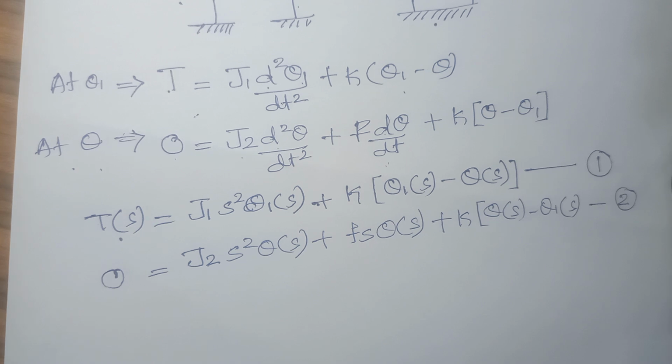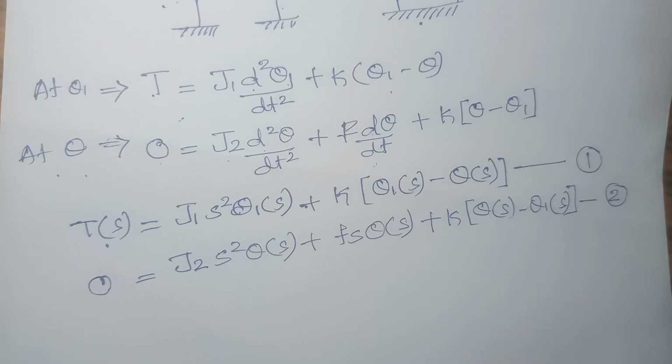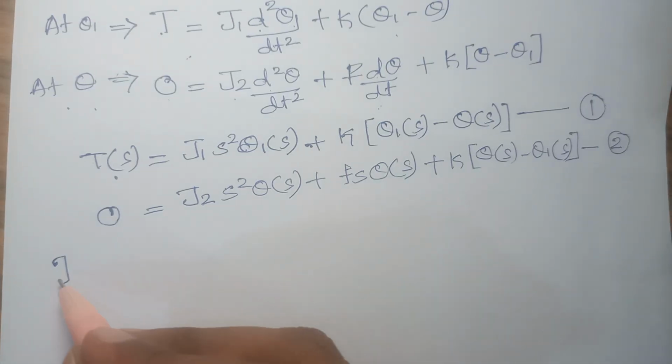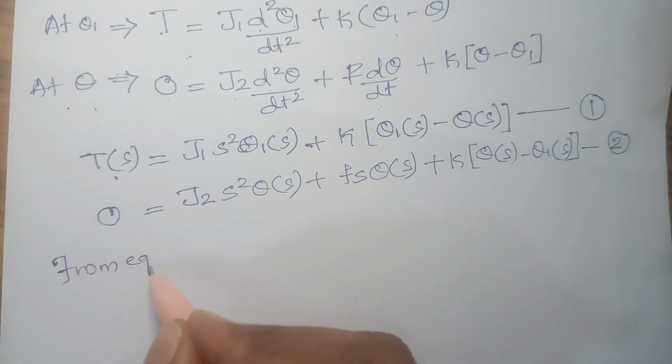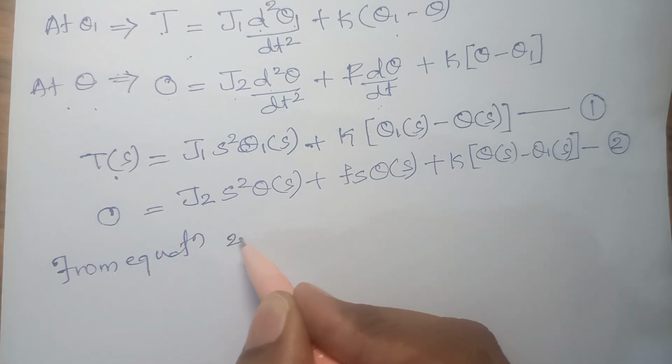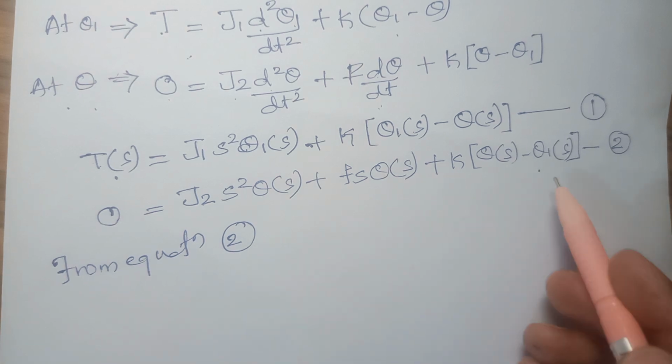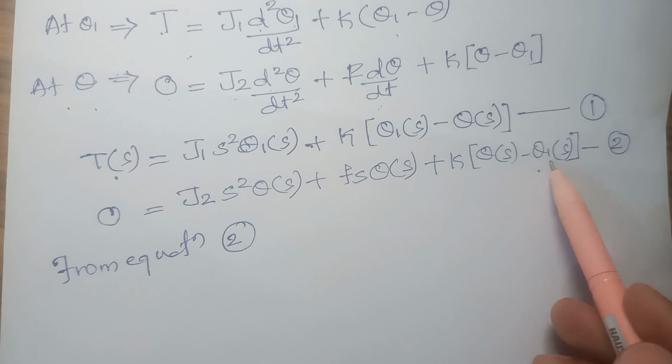Now we have to write the value for theta 1 of s from equation 2. From equation 2 we can write the value of theta 1 as, so here we will transpose this theta 1 on the LHS side.